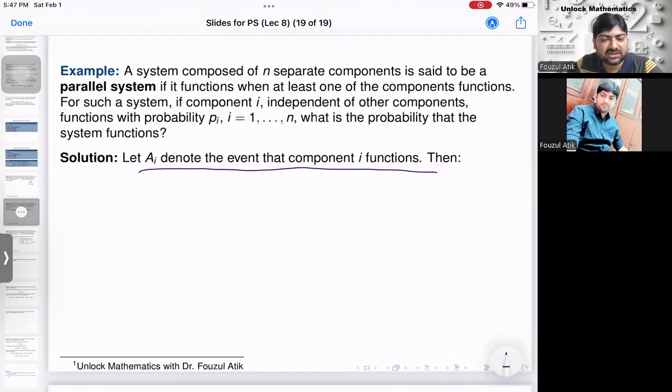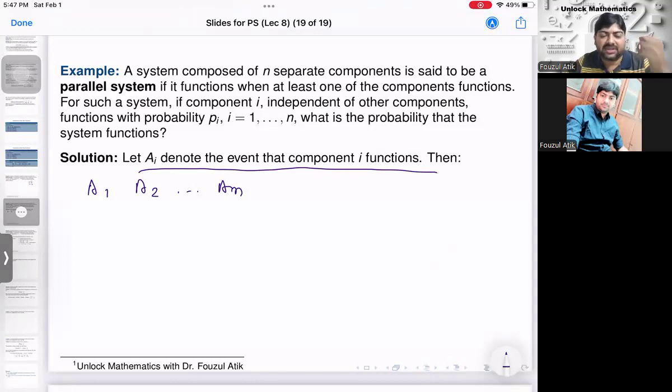A2 is the event that the second component is functional. Like that, you have n events. Now, what is the event that the system functions? That means at least one of A1, A2, up to AN is functioning. That is, by definition, the system functions.